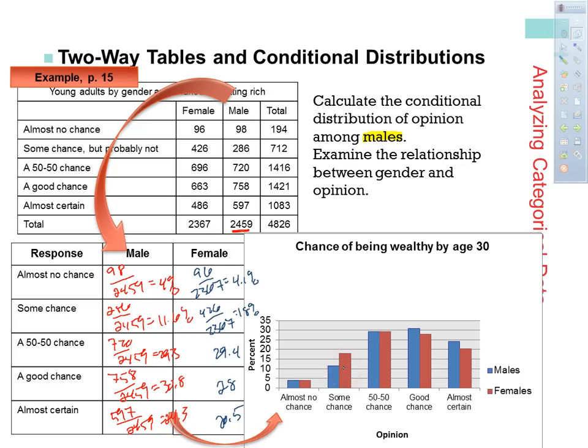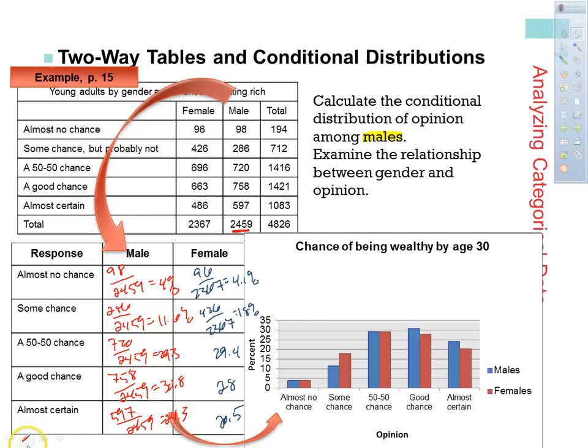So apparently females don't have as bright an outlook for their future as far as being rich goes, which is interesting. Why is that? That would be the next question, and something that you can maybe further study down the road, okay? But that's your conditional distribution.